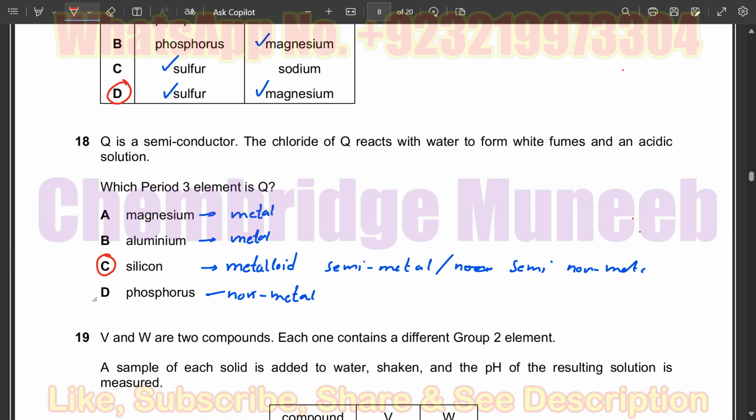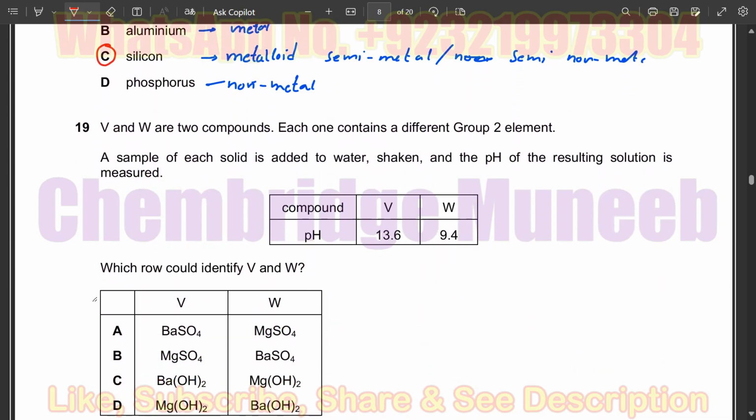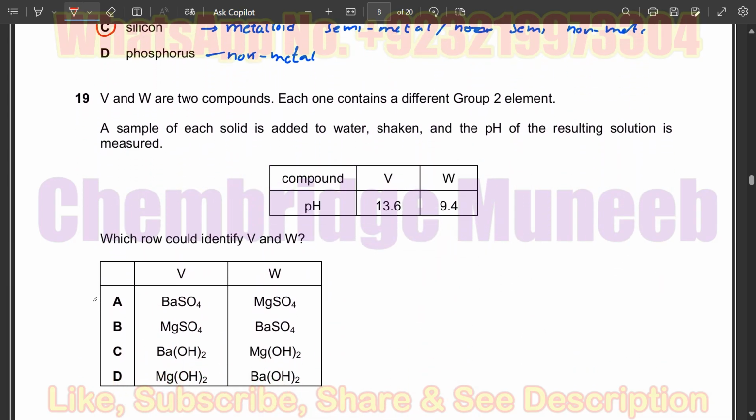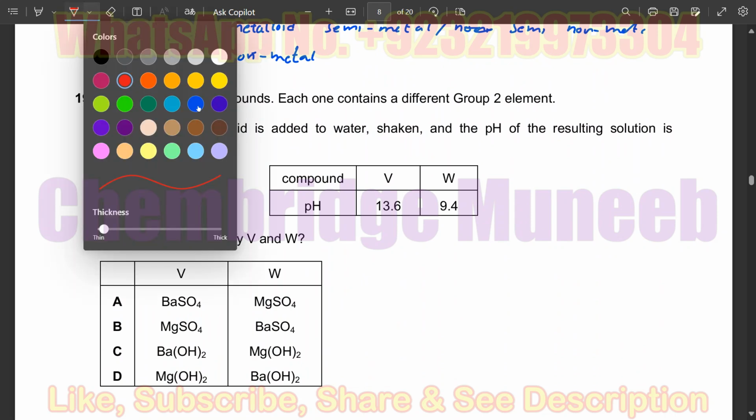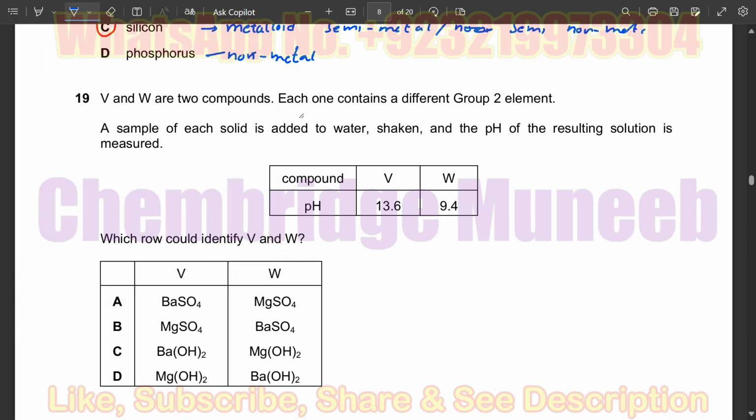Now question number 19. V and W are two compounds. Each one contains a different group 2 element. A sample of each solid is added to water and shaken, and the pH of the solution is measured. So we have to find which is V and which is W. Here we can see that V is such a type of compound which gives such a highly alkaline solution.